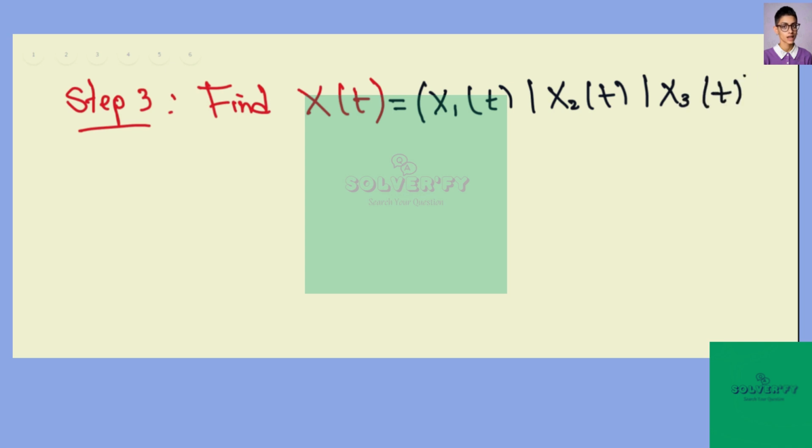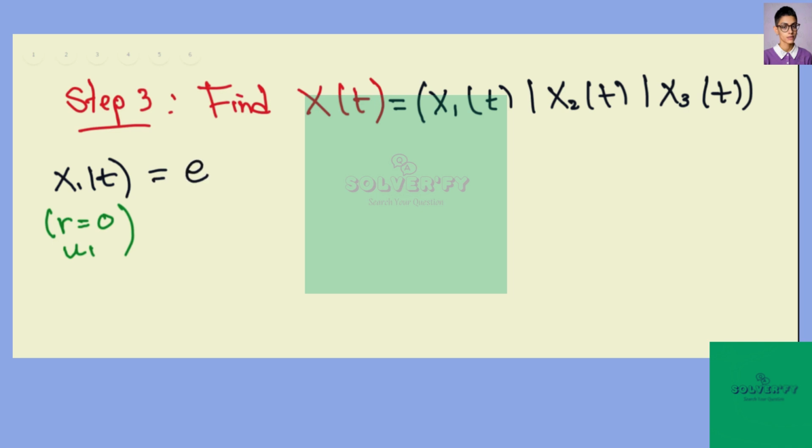Each column comes from a regular or generalized eigenvector. For the first one, x1(t), this column is associated with the eigenvalue r equal to 0 and u1, because this is the eigenvector for this eigenvalue.